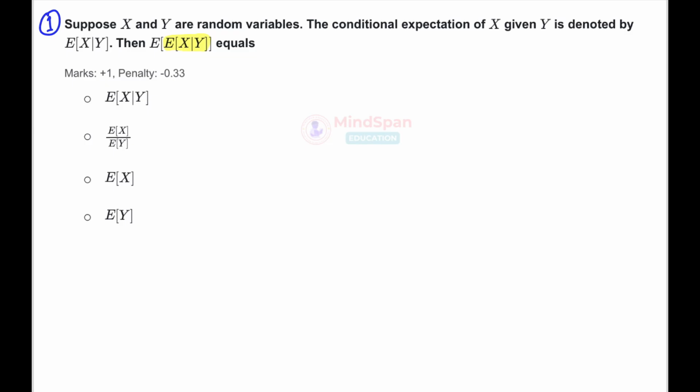So what is this? This is a conditional expectation, and we can think of it as a random variable, right? Look at the expectation of the random variable x given y. Depending upon what value y takes, maybe y takes the value little y1, we will have some numerical value.